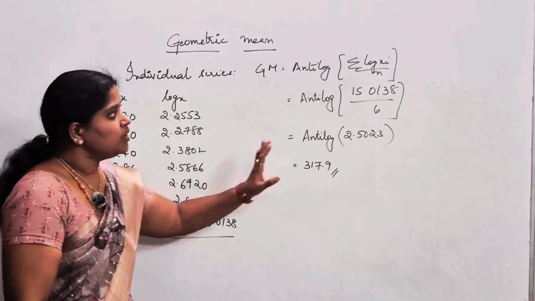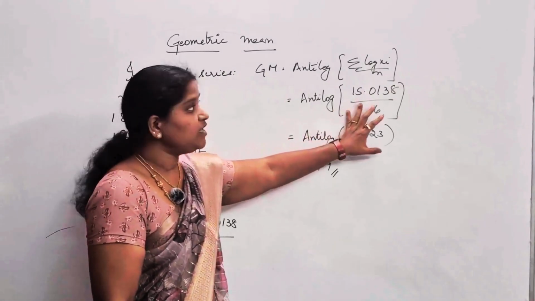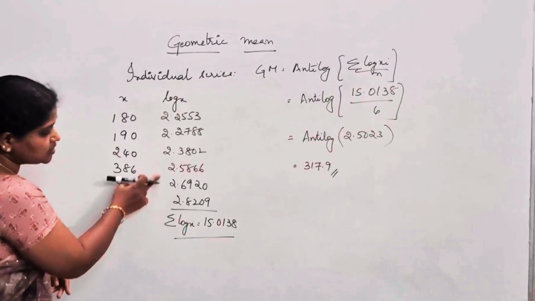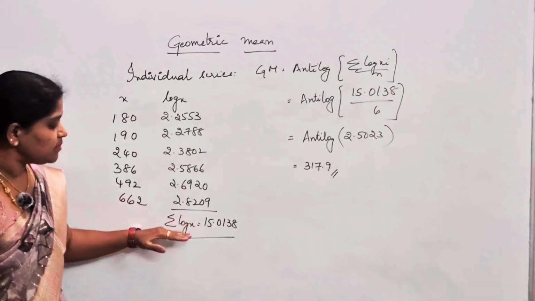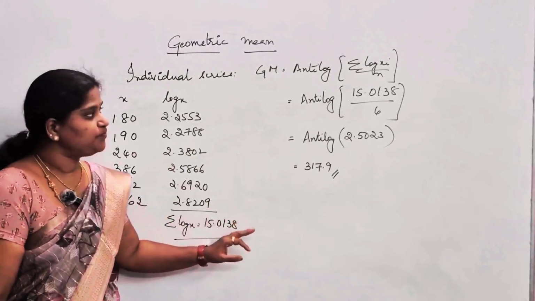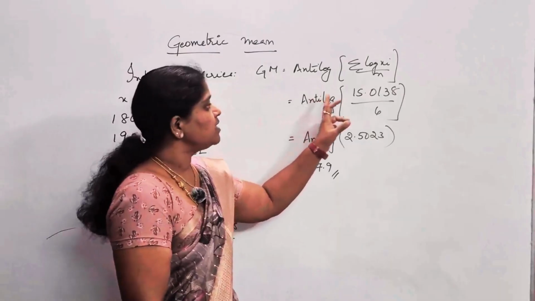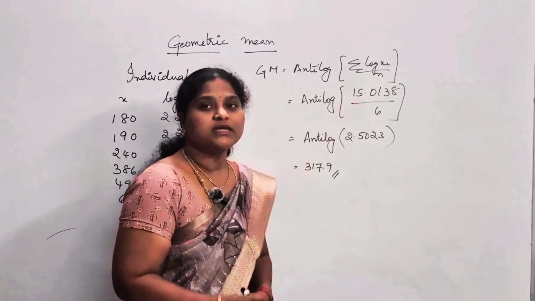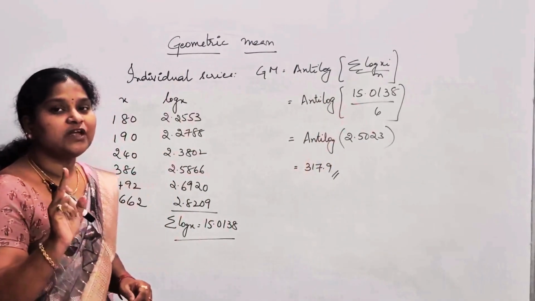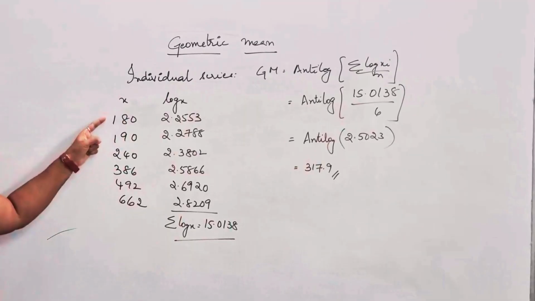2.8209. Now, substituting in this formula, we have sigma log xi. That is, we need to add all the values in this column, which gives us sigma log x is equal to 15.0138. On substitution, we get the anti-log of 15.0138 divided by 6, where 6 in the case of individual series is nothing but the number of values.